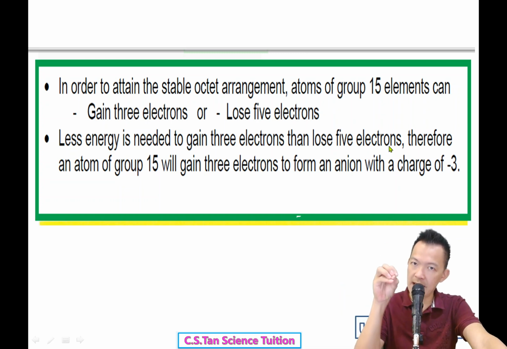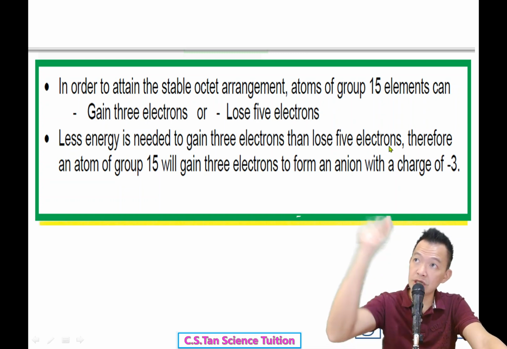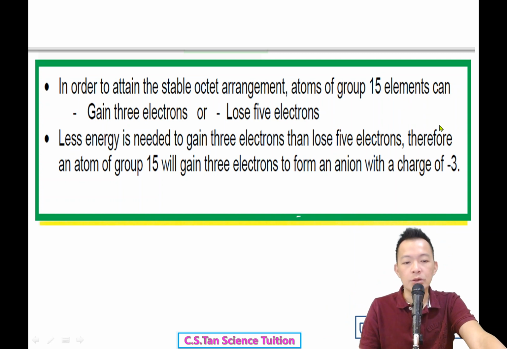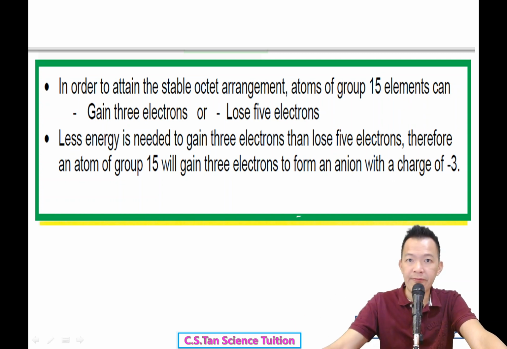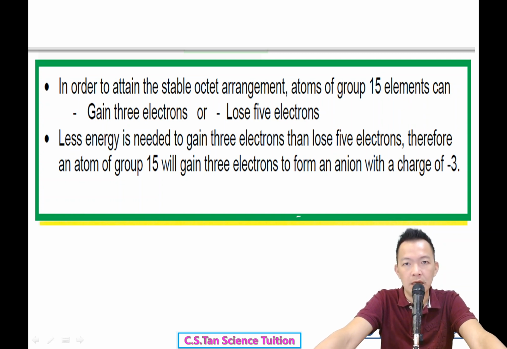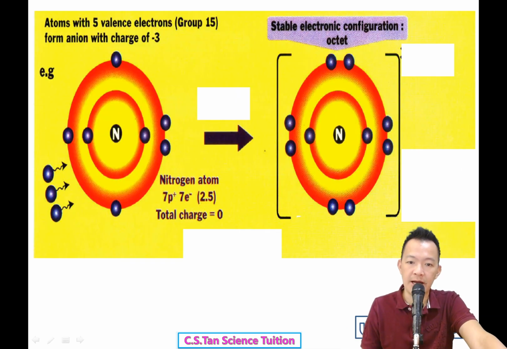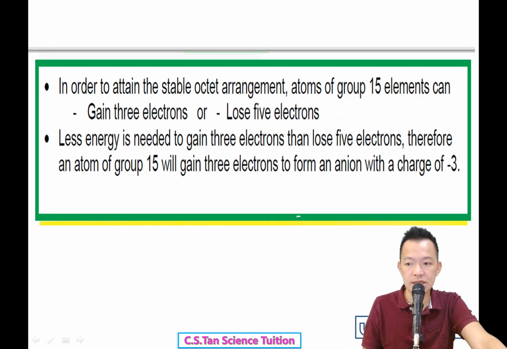Therefore, an atom of group 15 will gain 3 electrons to form an ion with a charge of -3. Any example?